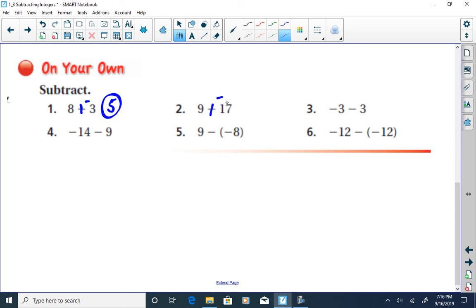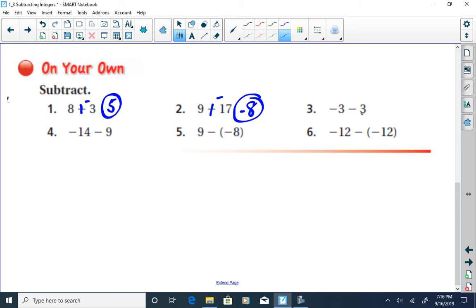Using the additive inverse, this problem becomes 9 plus negative 17. I use the rules for addition of integers. Now I'm adding opposites here, so I have to subtract the 9 from the 17. That's going to give me 8. I have more negative than I do positive. It's going to be negative 8.